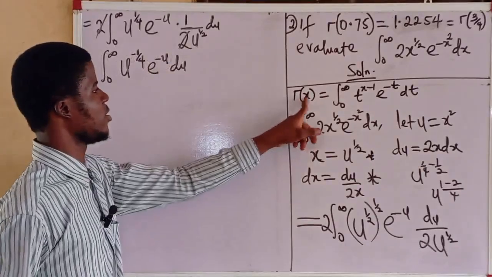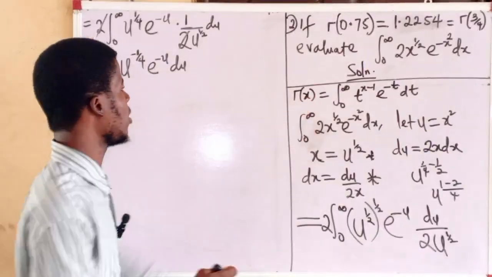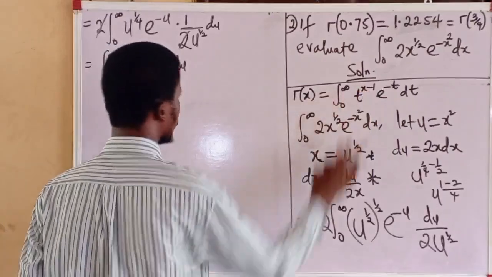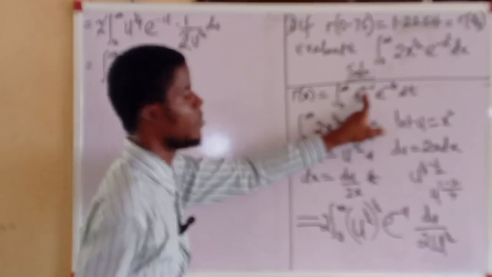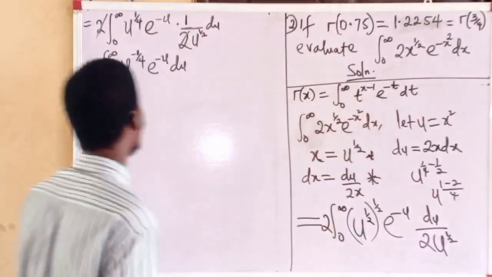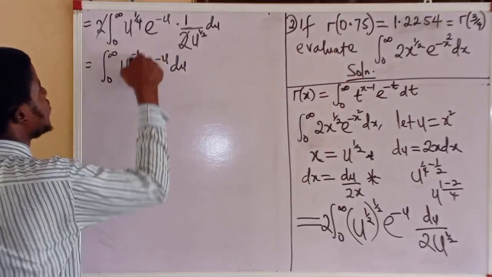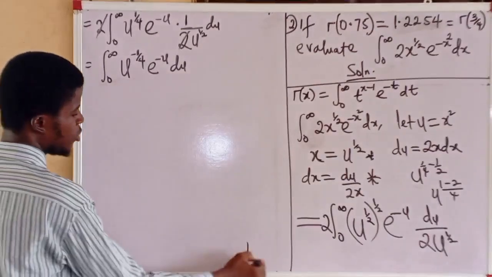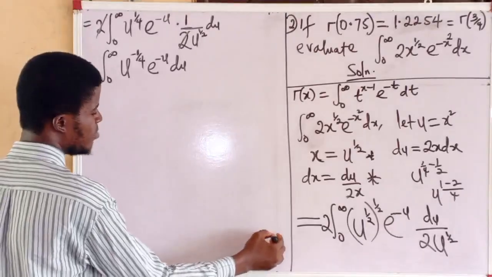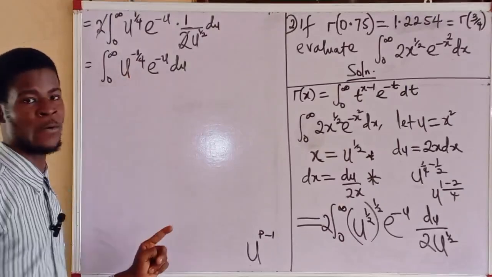Looking at the standard form, the gamma function of x, t here is raised to the power of x minus 1. That means we'll subtract 1 from a particular number. So what should we subtract 1 from to get minus 1 over 4? Because I want to write this now as u raised to the power p minus 1, and this p minus 1 must be equal to minus 1 over 4.